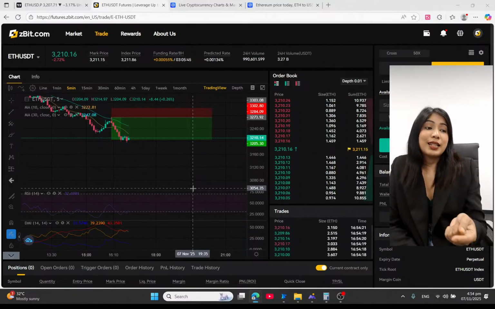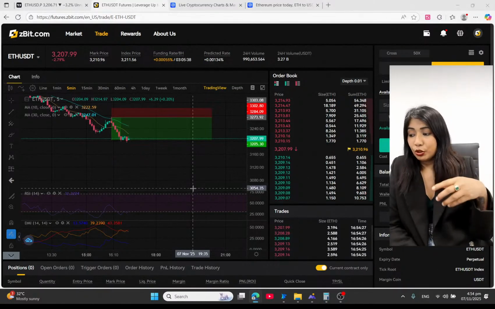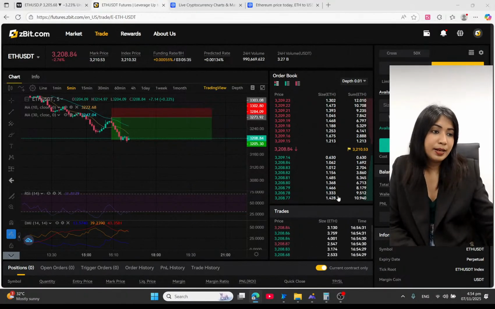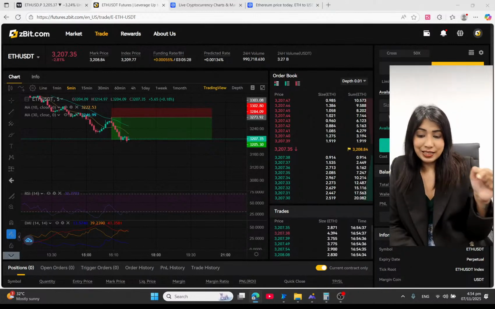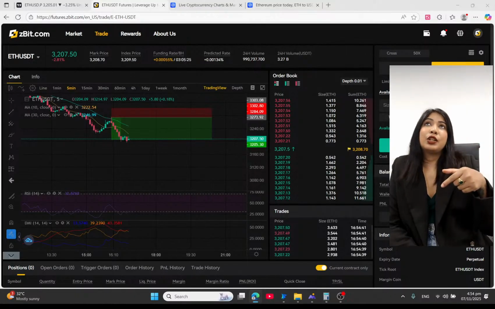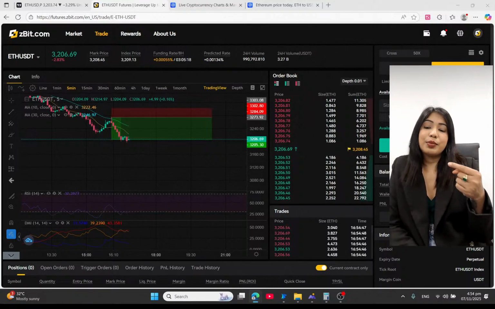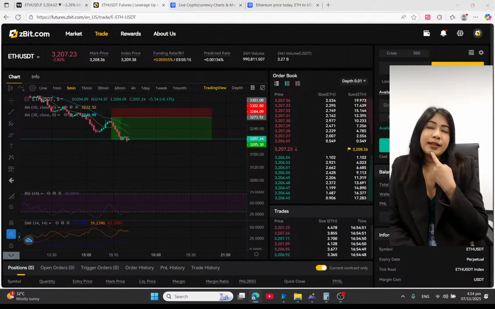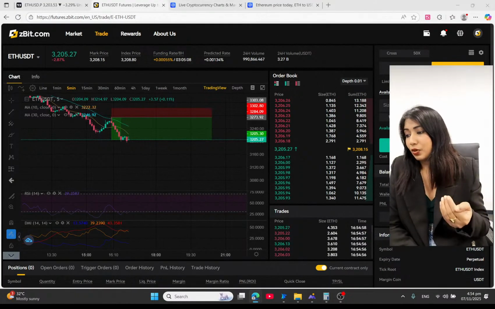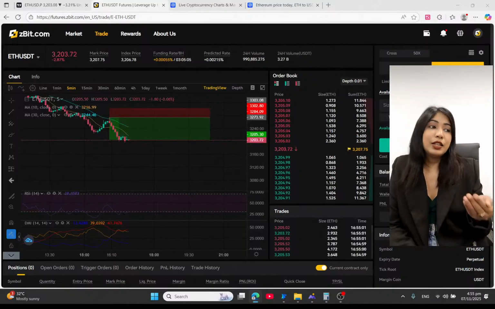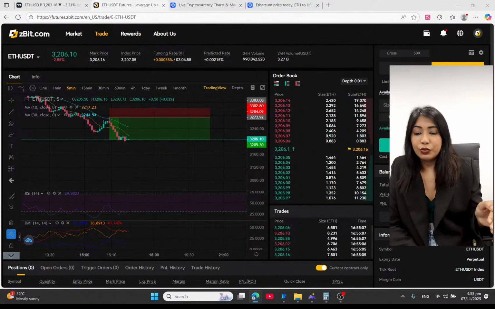So you put a trigger order with 3,100 as the trigger price, and from there you decide whether you want to buy or sell. When the price reaches 3,100, you would like to buy, not at market, but at a limit order, say at 3,070. So you'll put a limit order there at 3,070 that you would like to buy.